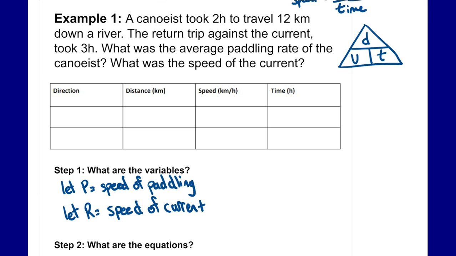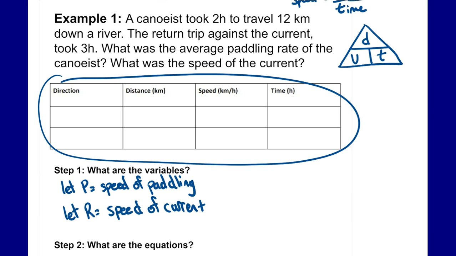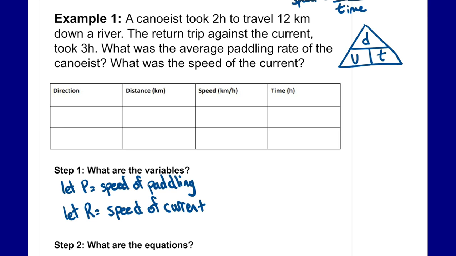When we come up with these equations, it's really helpful to create a table like this, where you have your distance, speed, and time all calculated out. We're going to have two parts, two directions. One is downstream, which means we're going with the current. And then we have upstream, which means we're going against the current. Now we need to figure out some pieces of information.